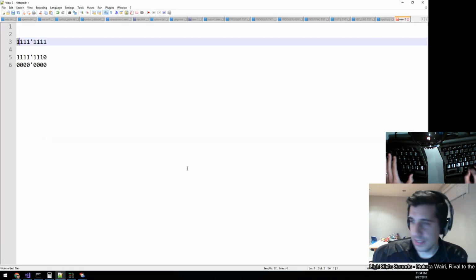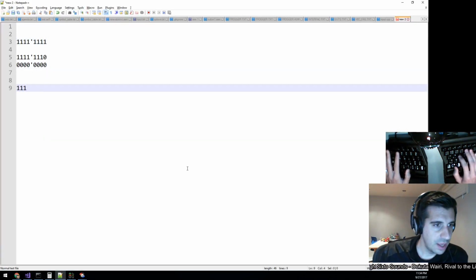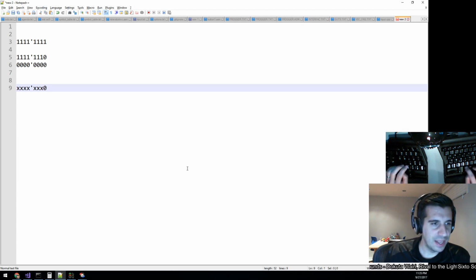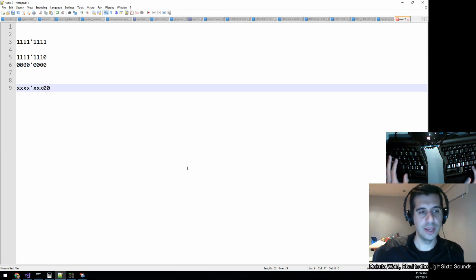For fonts, you'll see something like this: all the fonts will have some values, let's say XXXX, XXX, and then 0. They're always 0 at the end, because the idea is that the shift register does this, and then this here will be the last state, and then the last state again, so it'll put 2 zeros.